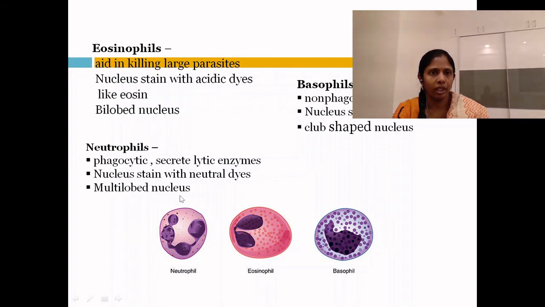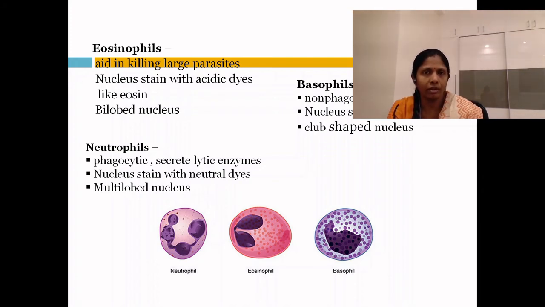The most important cells that originate from the myeloid progenitor and are called granulocytes are eosinophils, neutrophils and basophils. All these three types of cells originate from the myeloblast, which in turn takes origin from the myeloid progenitor. Now, the eosinophils are very important in killing larger parasites which cannot be destroyed by phagocytosis.